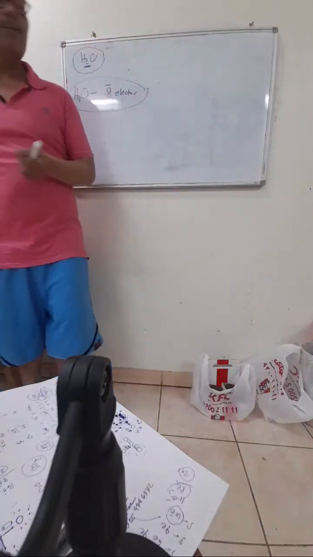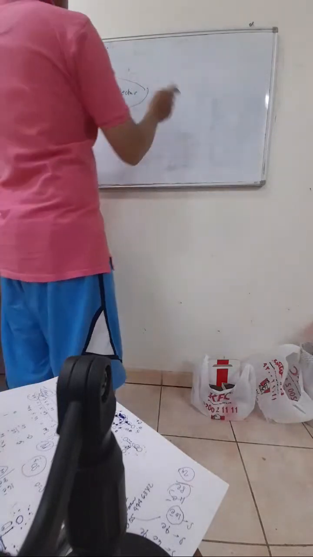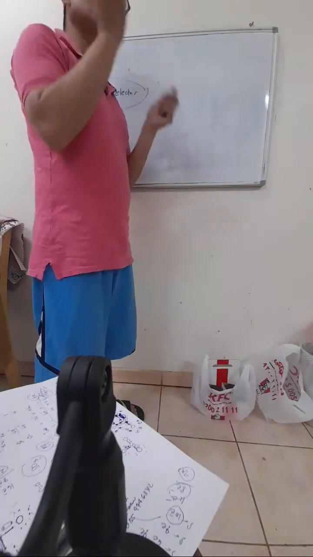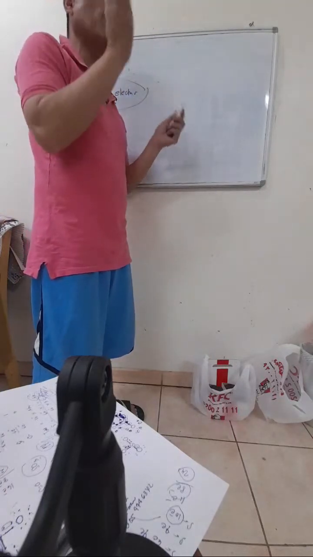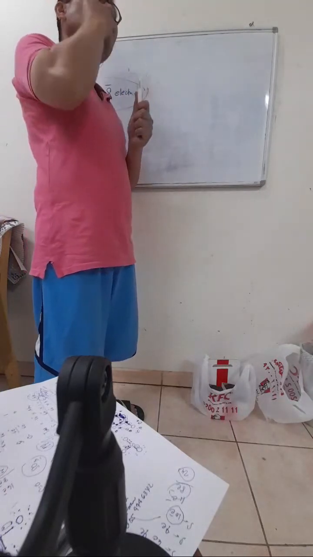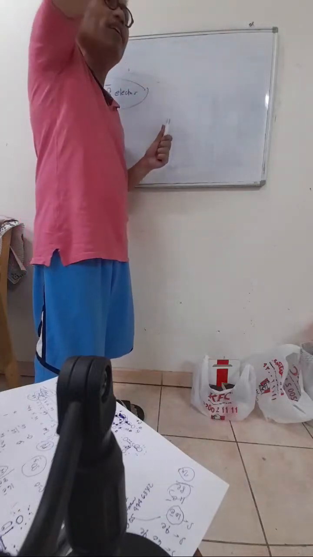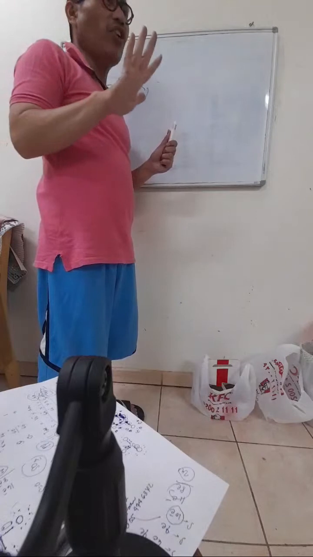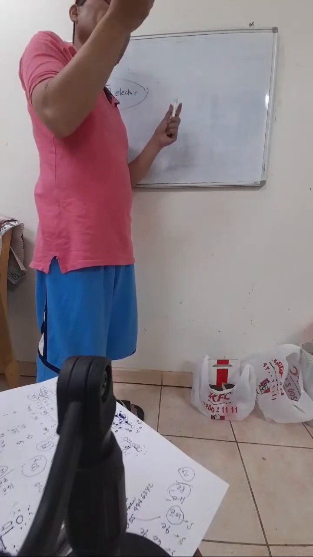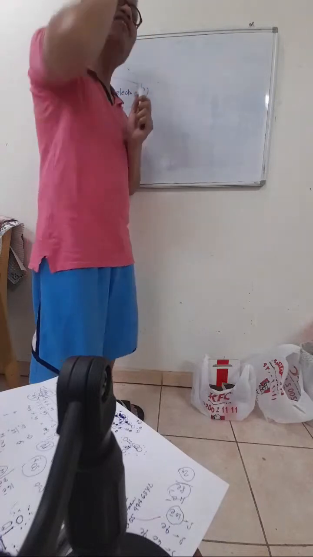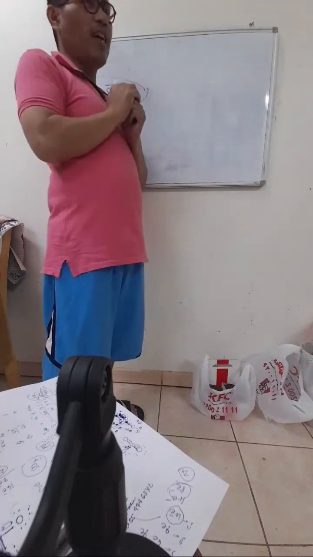Now, we have here water. If you see a compound, first extract the subscript. The more subscript an element has, the more it will be scattered in your Lewis diagram. The element with the smallest subscript will be in the center of your Lewis diagram.